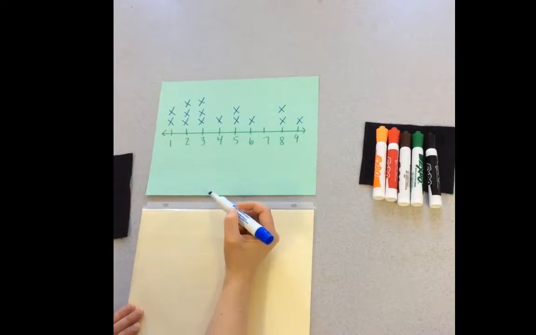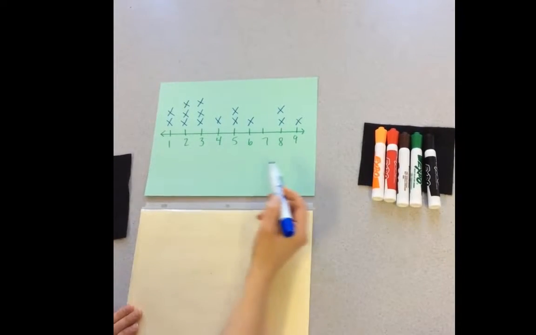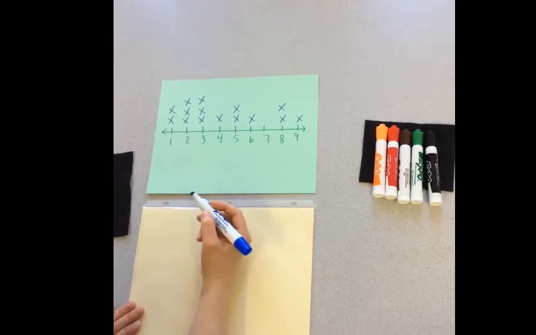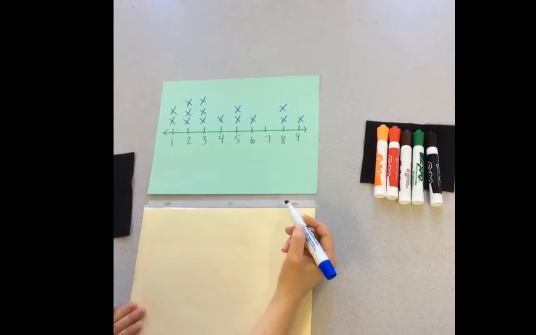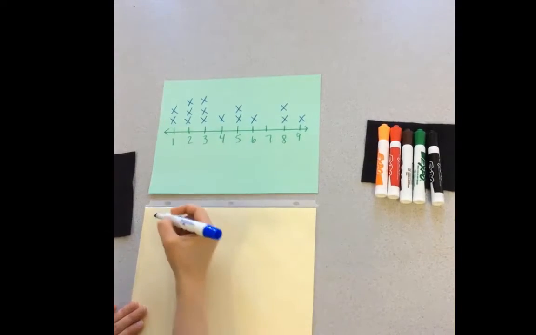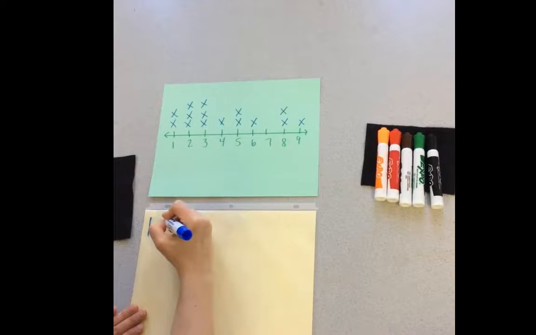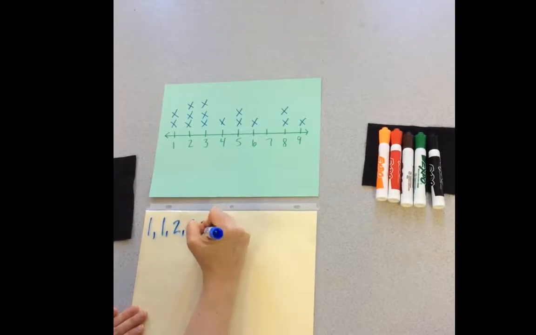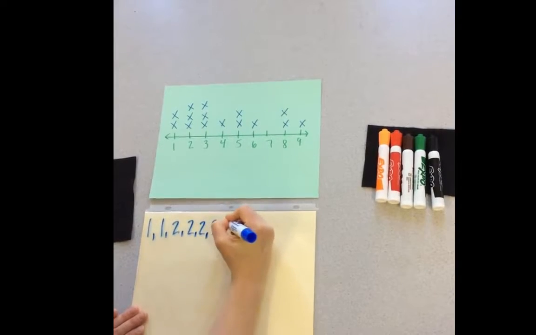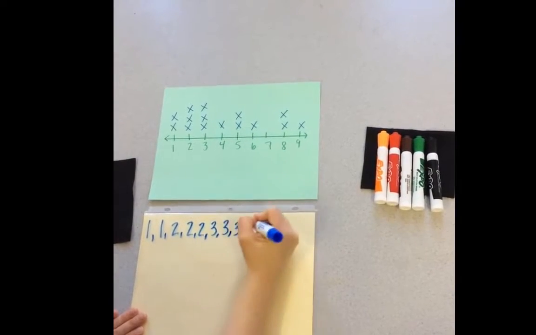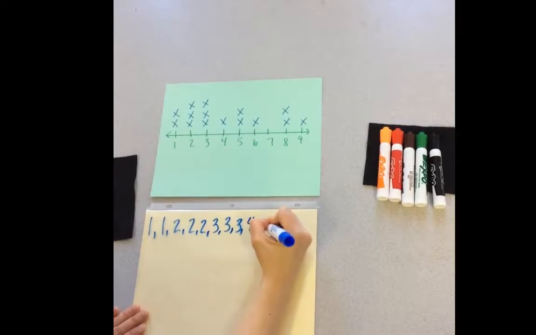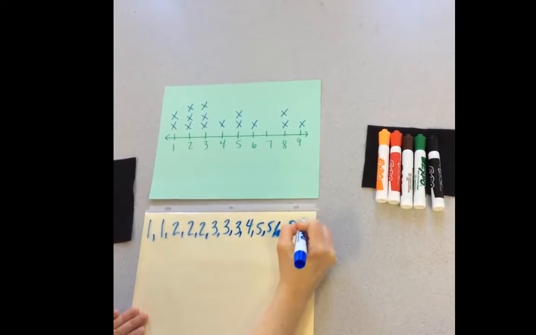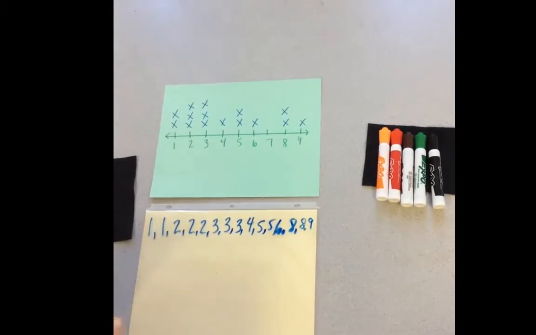Now, let's have a look at the mean, median, and mode and see which one works best. So, first of all, let's find the mean. We have to add up all the values. Let's write out the values first: 1, 1, 2, 2, 2, 3, 3, 3, 4, 5, 5, 6, 8, 8, and 9.